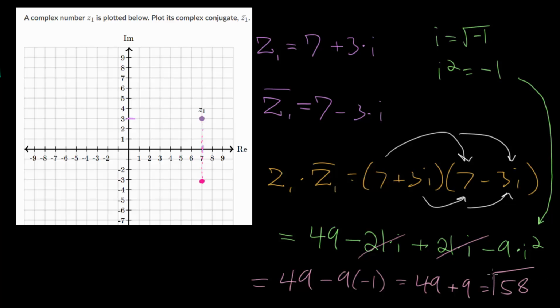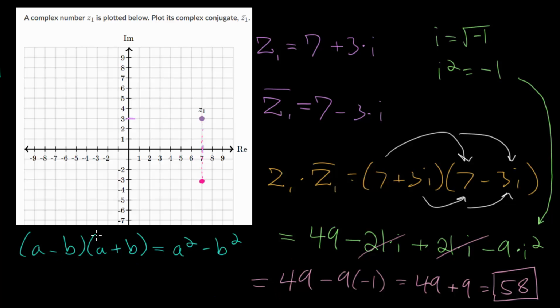So when we multiply 2 complex conjugates together, we will always get a real number. And this has to do with the fact that we really have a difference of 2 squares here. Remember the formula for a difference of 2 squares. When we multiply a minus b times a plus b, the middle terms will cancel out, and we get a squared minus b squared.